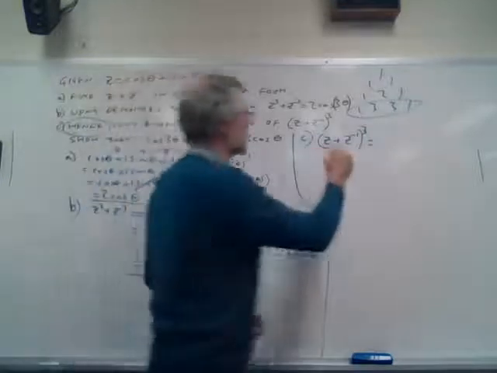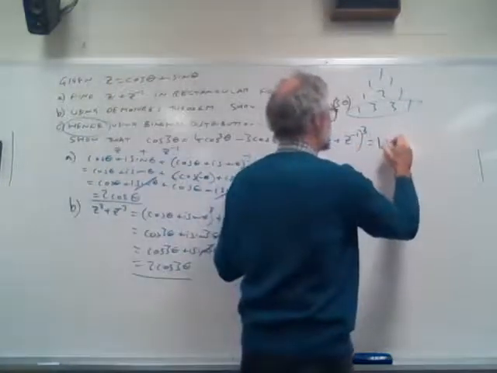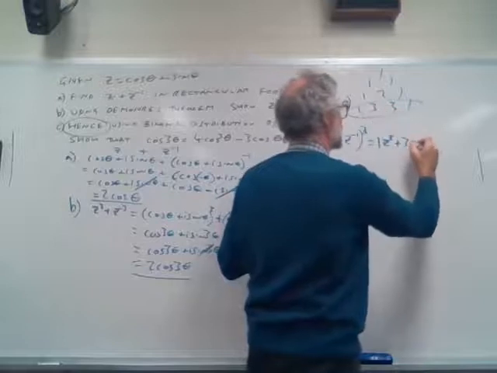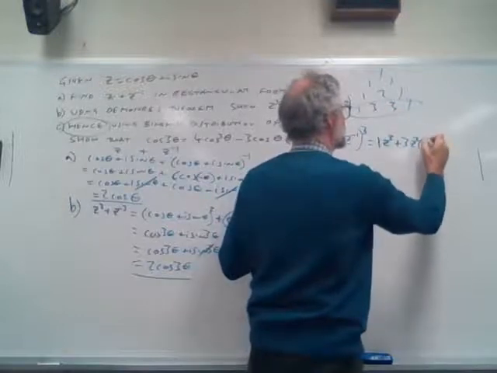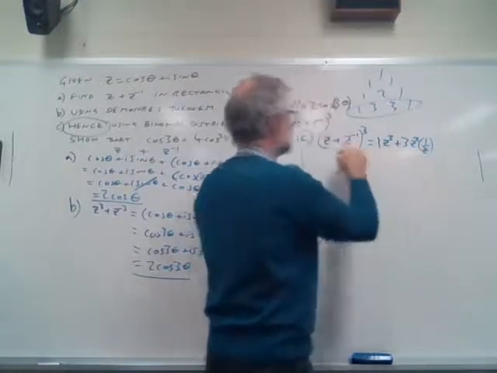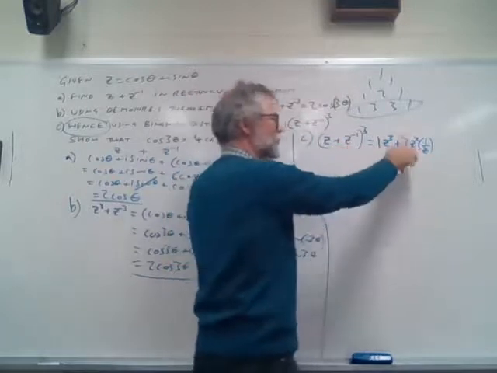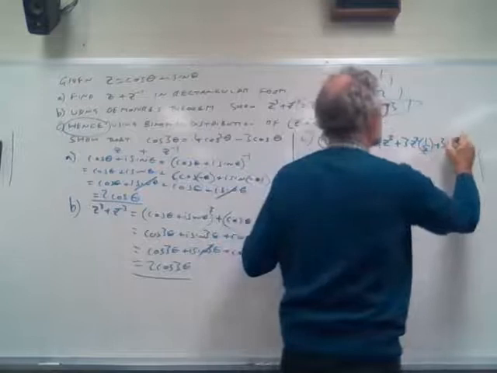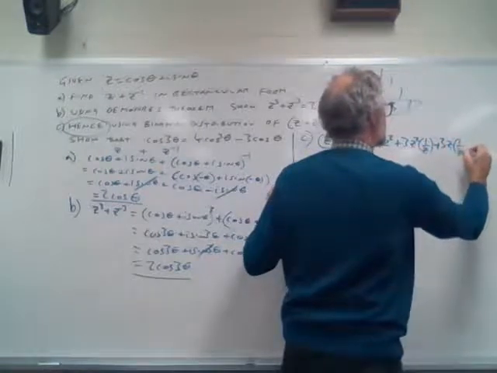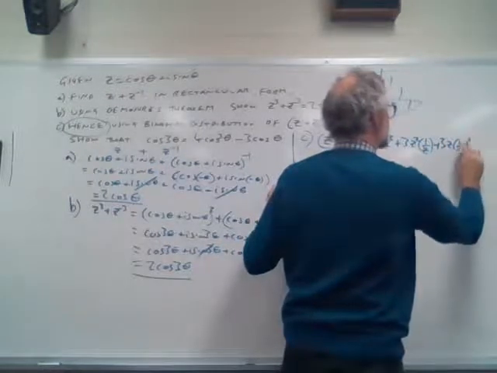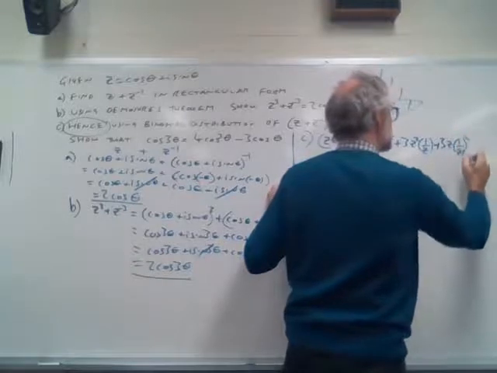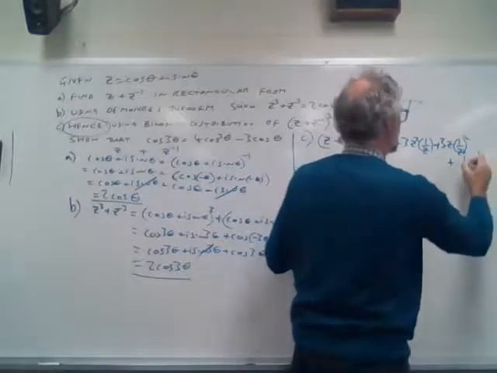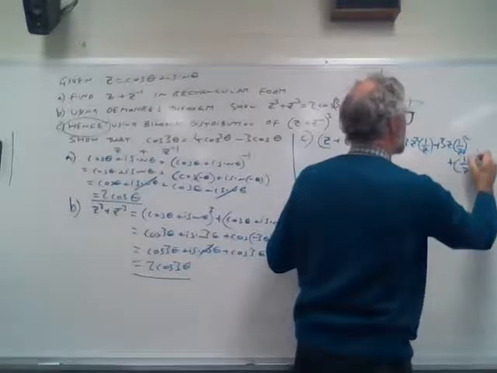We're going to get one lot of the first one, that's z cubed, plus 3 lots, z squared times 1 over z. Rather than write z inverse, I'm writing 1 over z because I know I'm going to be dividing them out a little bit. There's 3 lots, z, 1 over z squared, plus, I don't have room before my board runs out, 1 over z to the power 3.